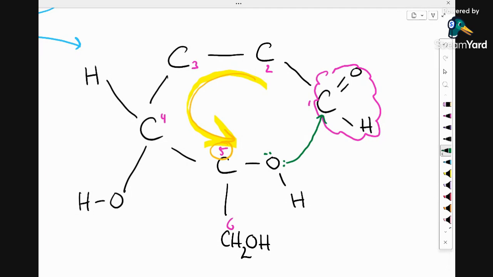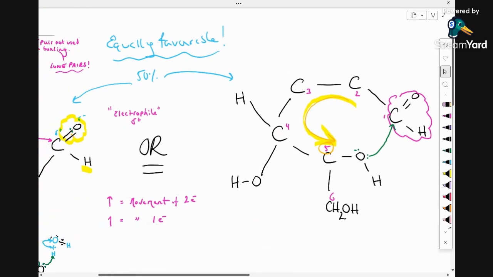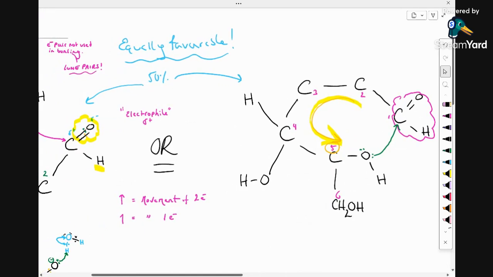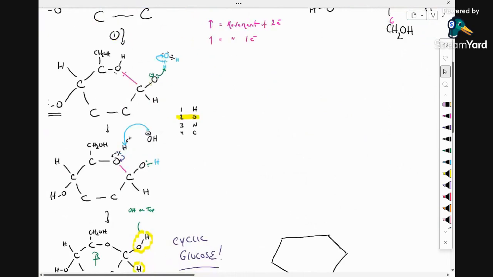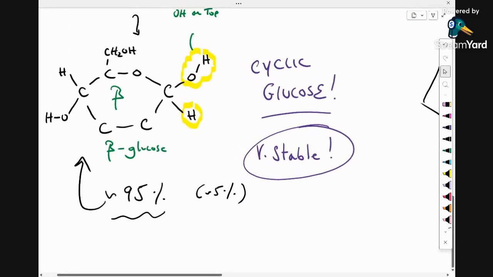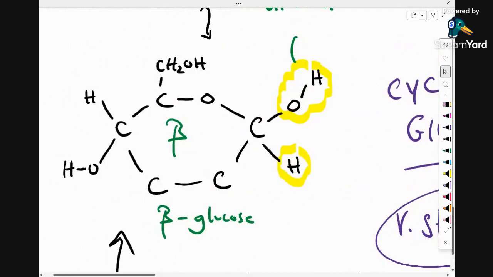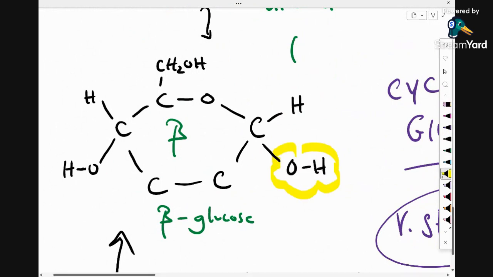Okay, and this means that the aldehyde functional group forms in the other direction. So I'll just swap this round. Essentially, all you need to know, the hydrogen flips around. So hydrogen here, OH group here. And if the OH group is on the bottom, that then is no longer beta glucose, but we now call it alpha glucose.